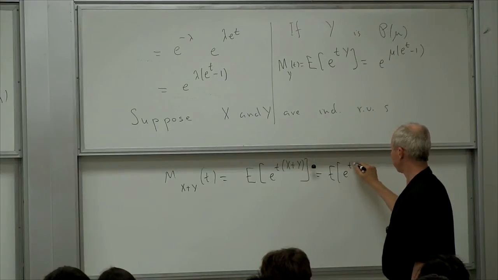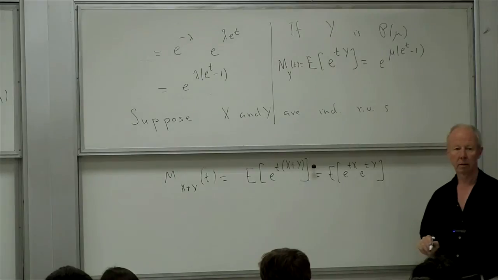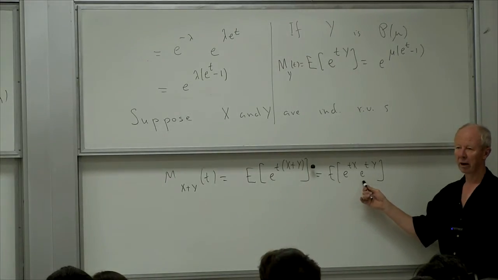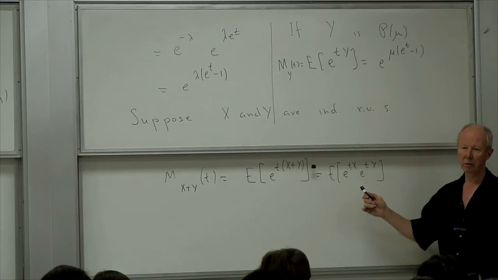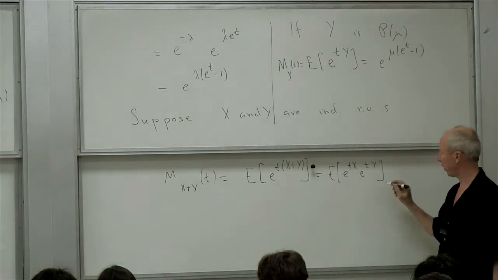Now, exponentials factor like this. And here we have a function of a random variable, another function of a random variable, and these two random variables are independent, so the expected value of the product is the product of the expected values.